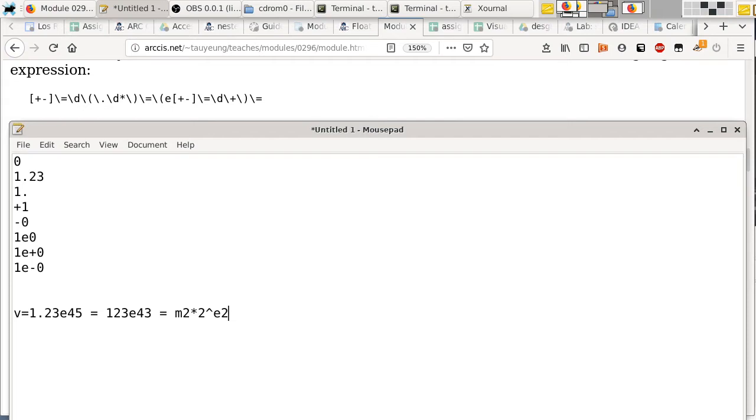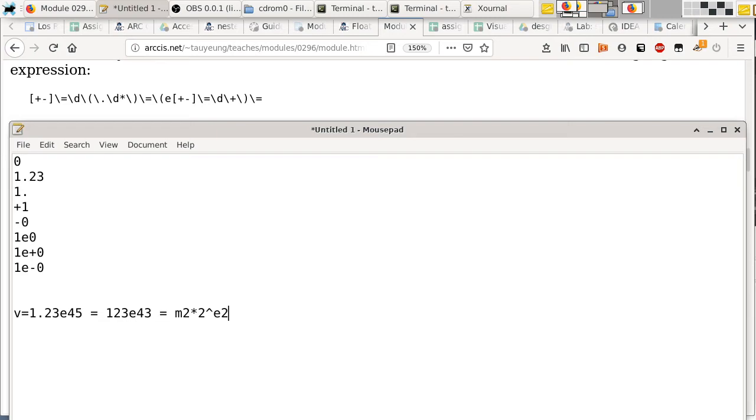Without any base 10 components anymore, we want a mantissa specified in base 2 times 2 to the power of e2, because that will make it pretty easy to convert into a double at that point. Is that making any sense?